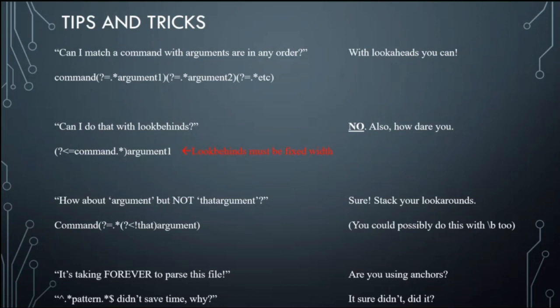It's saying from the start or end of the line, any number of characters and then pattern. That's essentially doing the opposite of what you were trying to do, because it's not taking any less processing power either, because it's starting from the front and going all the way forward, all the way to the end of the line.